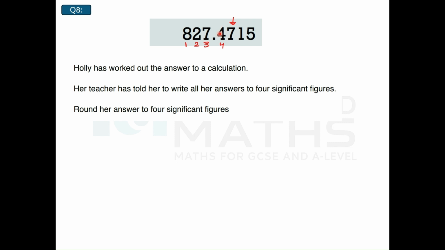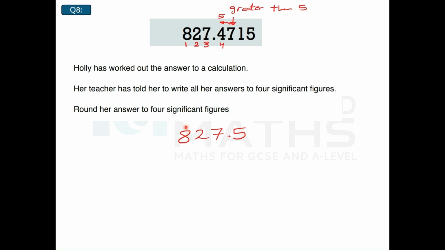So 4 in this case will turn into 5. So again, 7 is greater than 5 here, that means this 4 will turn into 5. So the answer should be written as 8 to 7.5. So this is 4 significant figures.